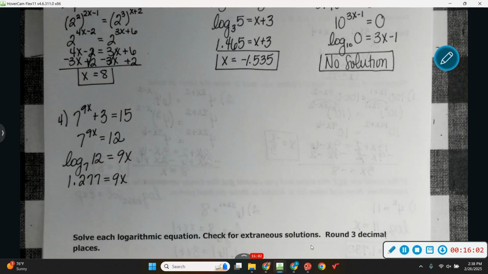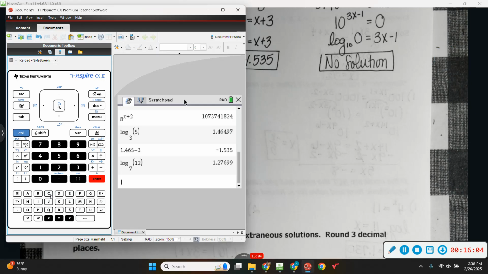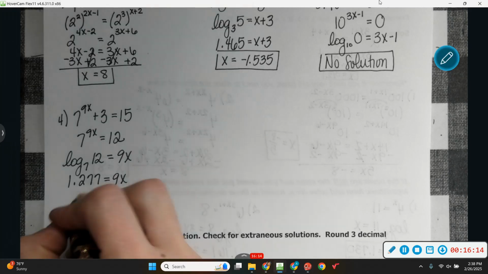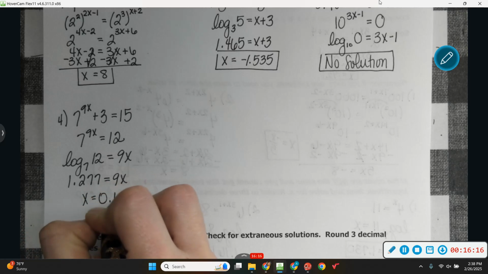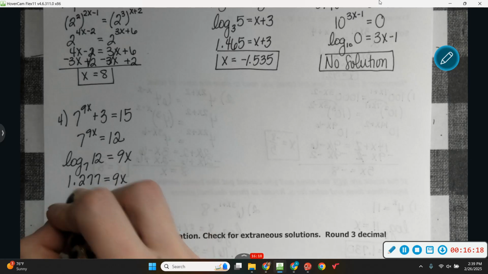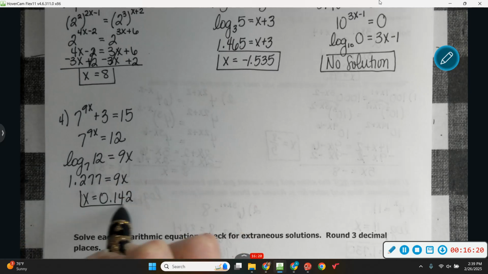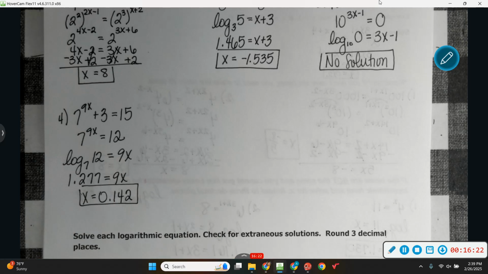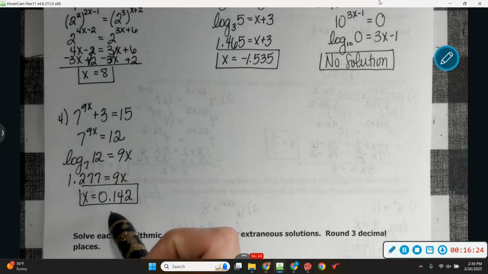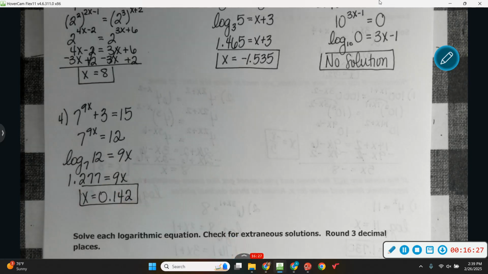So when you take that 1.277, I need to divide by 9, and that gives me 0.142. X equals 0.142. Now all of these you should be storing in your calculator and typing them in just to make sure that they are not extraneous.